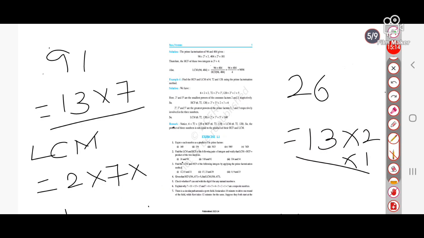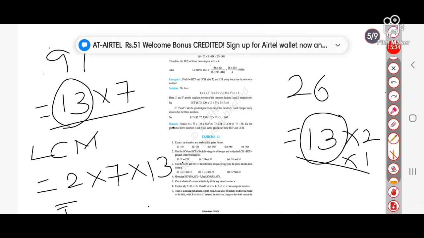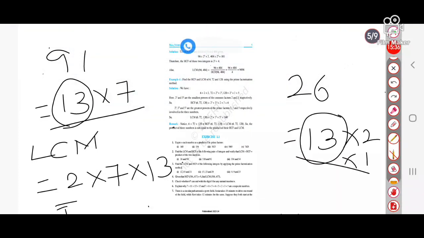Write 13 only once, because it has been repeated twice. When we take LCM, we get the same value. Here 13 is present, here 13 is present, so with respect to these two, we write only one 13, and the rest of the values are written as they are.